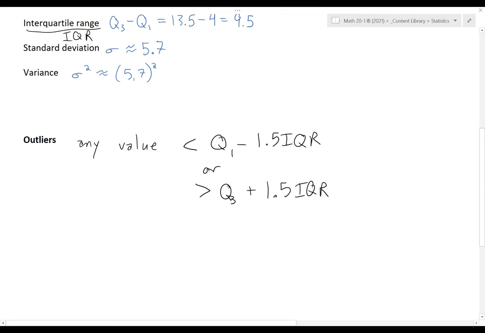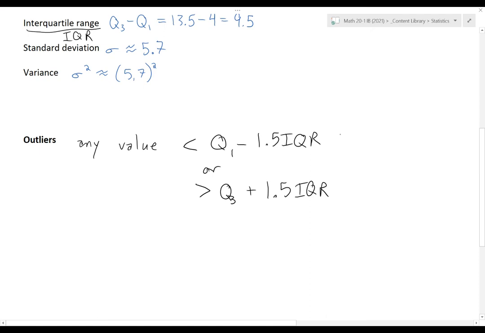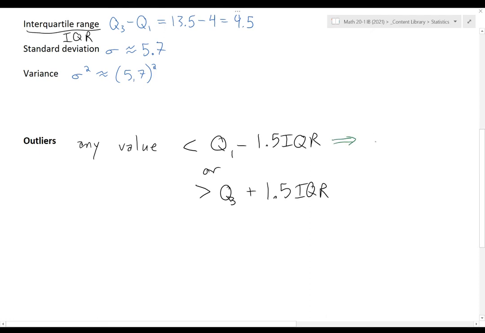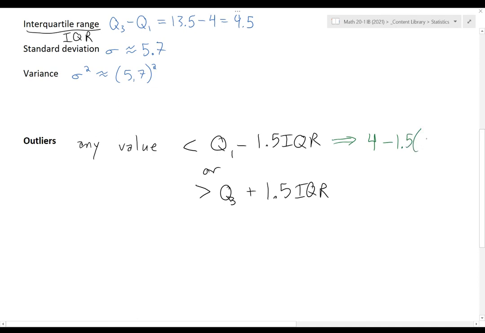In this case, our interquartile range was 9.5. So my Q1 was 4, minus 1.5 times 9.5. And Q3 was 13.5, so plus 1.5 times 9.5.